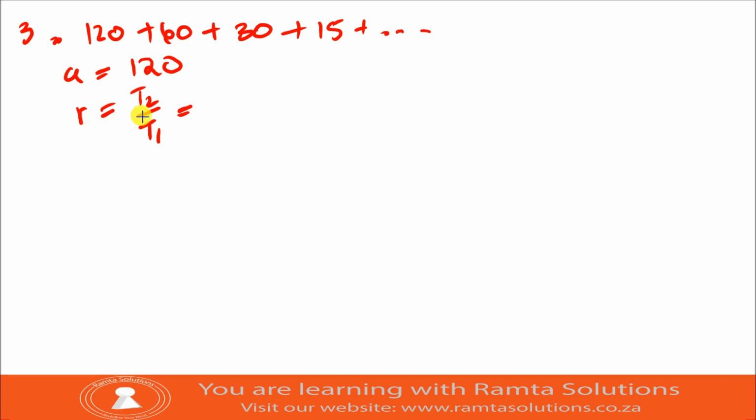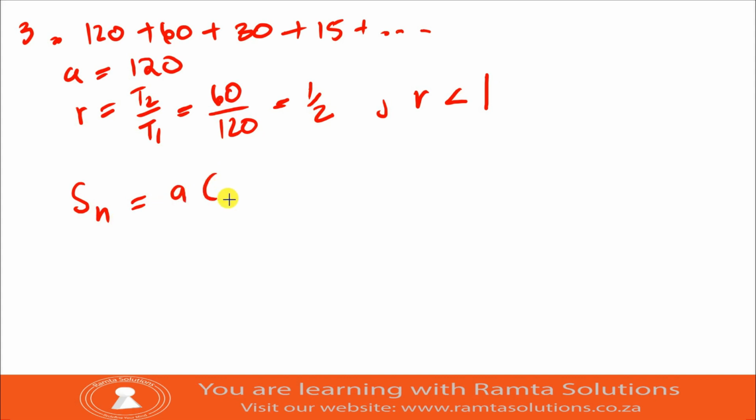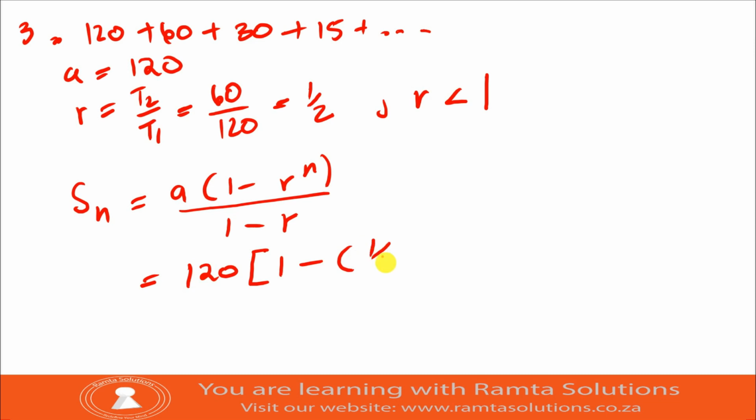T2 is 60, T1 is 120, so this is a half. As you can see, R here is less than 1. So we are going to use the formula that says the sum of terms equals A into 1 minus R to the n all over 1 minus R. What is our A? We said it was 120. What is our R? It was a half, to the power 12, since we want S of 12, all over 1 minus a half.